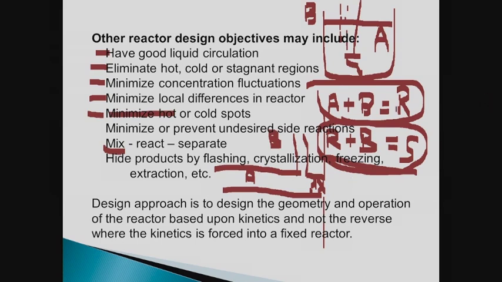In other words, you want to separate R away from B. And whatever you do to maximize the R and keep it away from the B is great. So oftentimes you want to mix fast, react fast, and then also separate fast. In other words, oftentimes you want to hide the product.